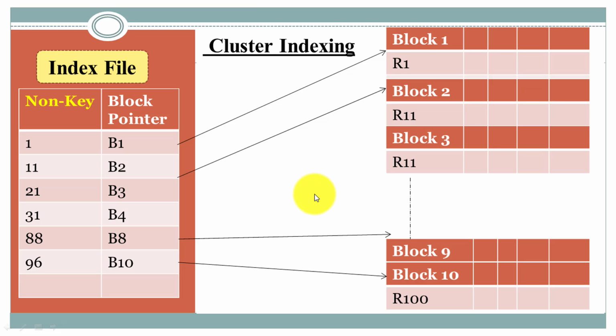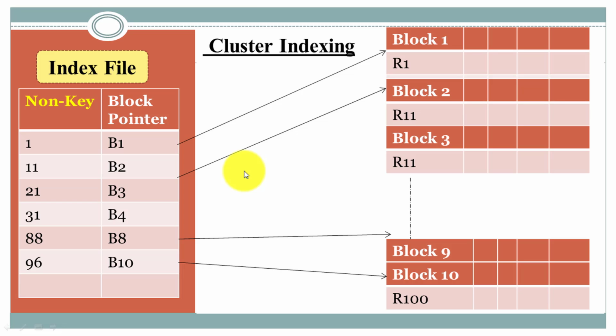If there is an entry for every value in the index file, whether it is key or non-key, it is called a dense index. In the case of cluster indexing, there is an entry for each and every unique key, called a dense index. So cluster index follows dense index as well as sparse index.